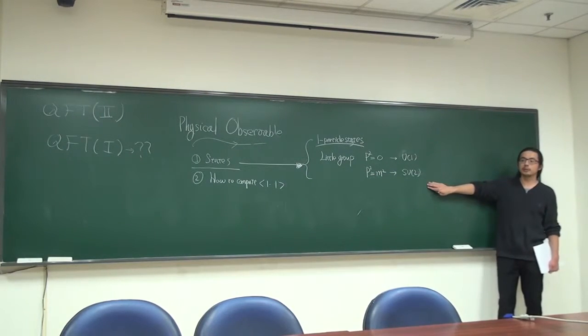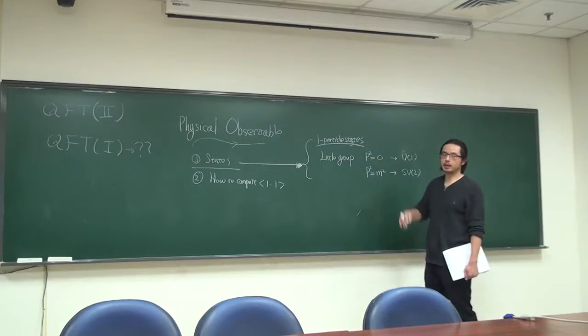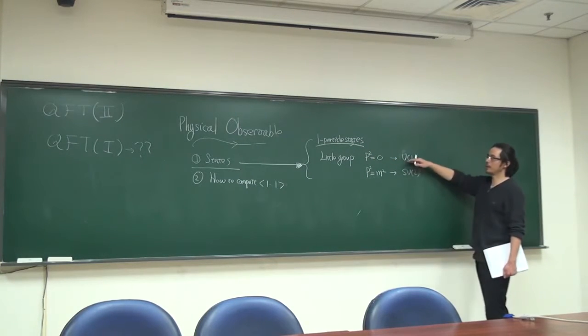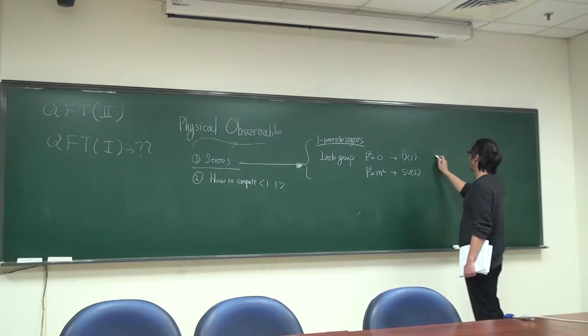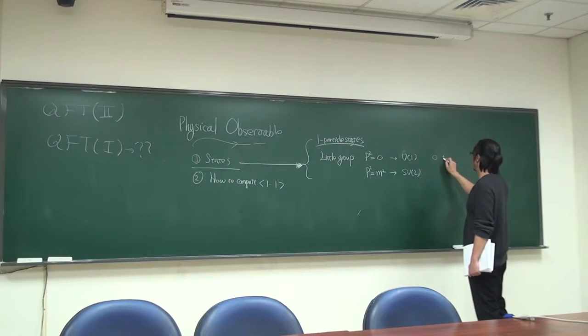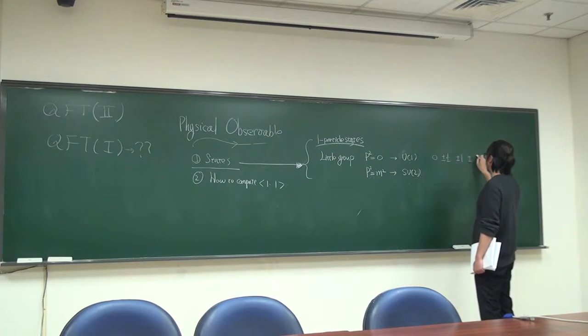Everybody know what a little group is? Do you all know what a little group is? No, the fact that the little group is SU2, you can accept. Okay, good. So when we say one particle state, what we mean is all the representations that are possible under these two symmetries. So here you will have 0, plus minus 1/2, plus minus 1, plus minus 3/2, and so on.